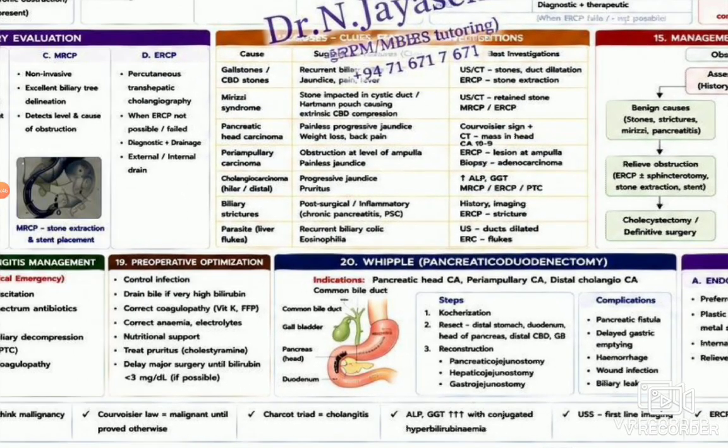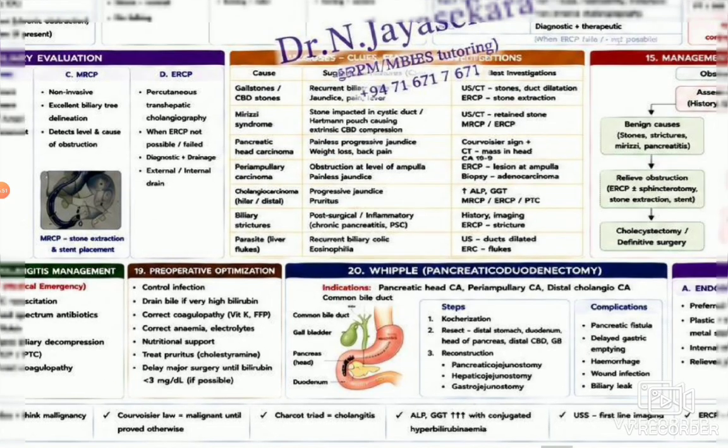Then the preoperative optimization. Now before major surgery, these patients must be optimized carefully. Why? Because obstructive jaundice affects multiple organ systems. Infection control. First treat any active infection, especially cholangitis. Correct the coagulopathy.